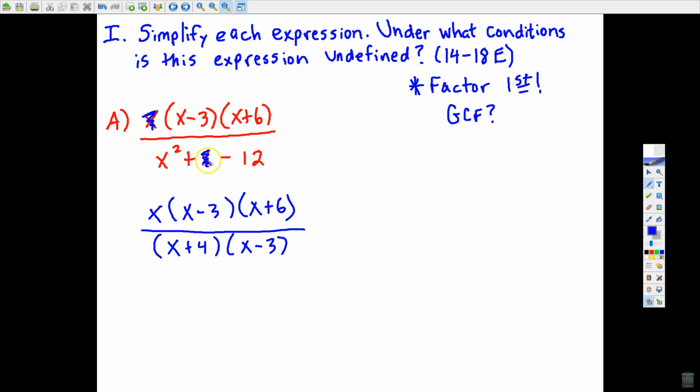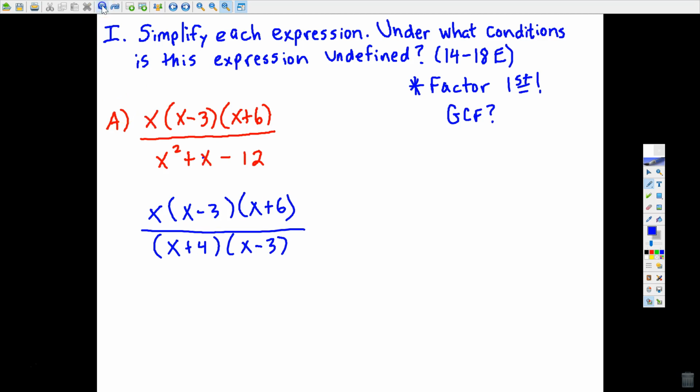A term is always separated by plus and minus signs. So this is a 3-term, we call it a trinomial. Nomial just means term. Tri, of course, is 3. So you cannot cancel individual terms from a binomial or trinomial, but you can cancel factors.